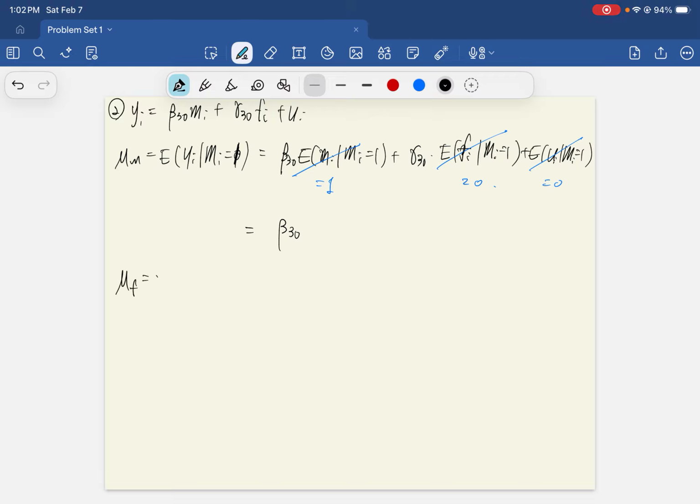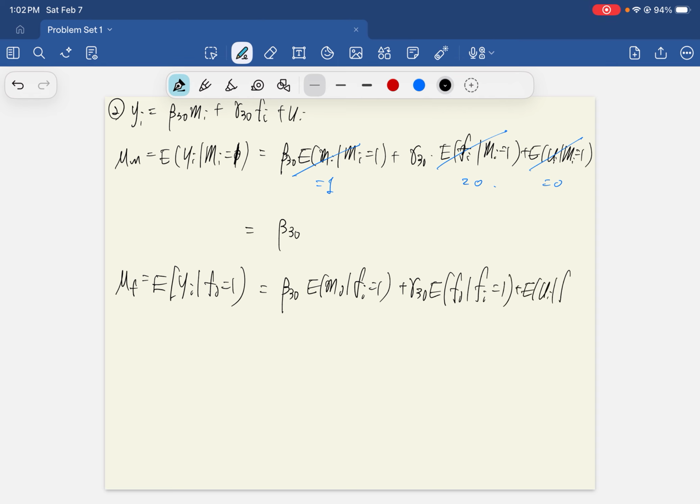In the same way, woman's average wage: first, exogeneity should be assumed so that it is 0. And of course, this is 1. Whenever f is 1, it is constant. And whenever f equals 1, m is 0, so this should be 0. So in the end, we get gamma 30.